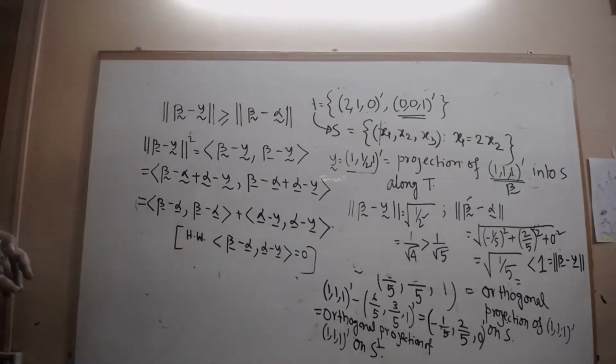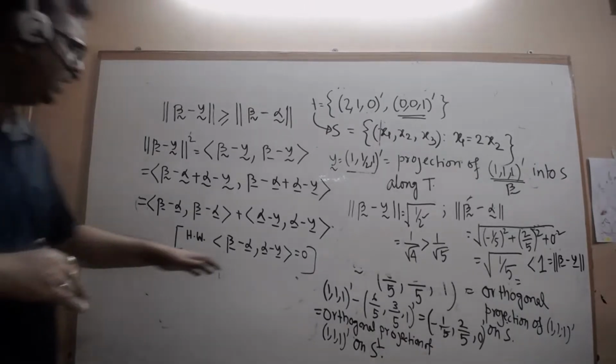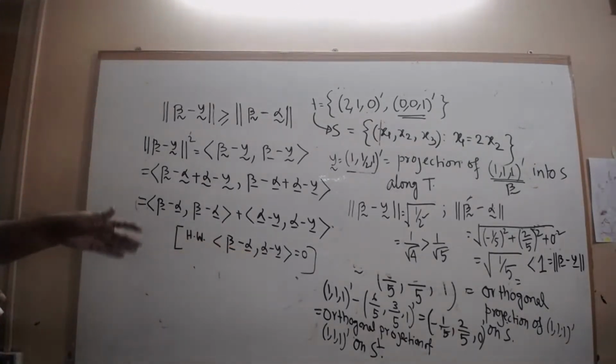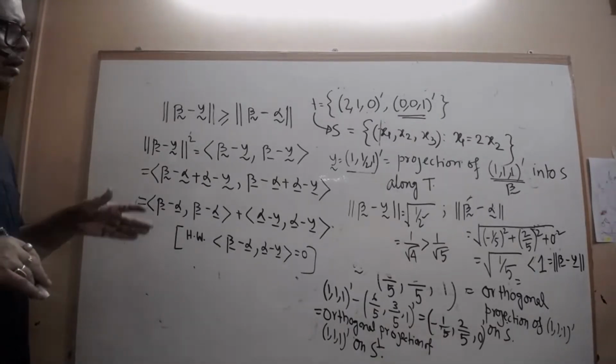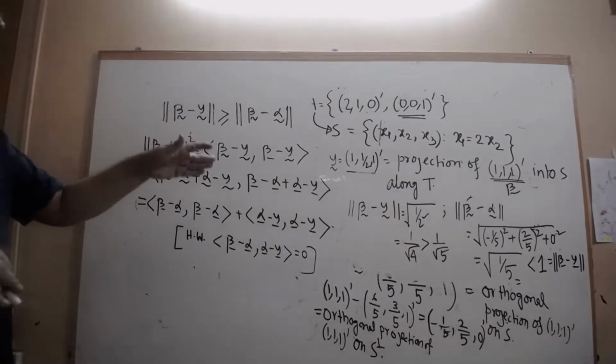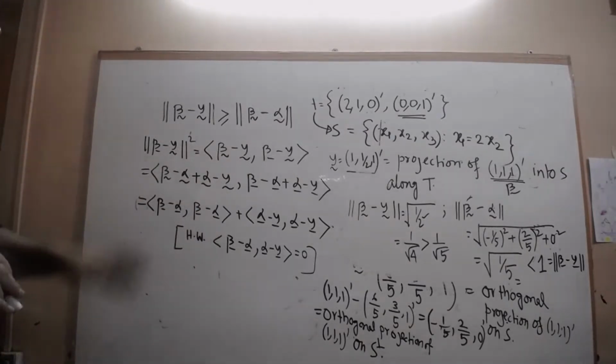This gives you the gamma curve, and alpha curve minus y curve. Alpha curve belongs to S, and y curve also belongs to S.